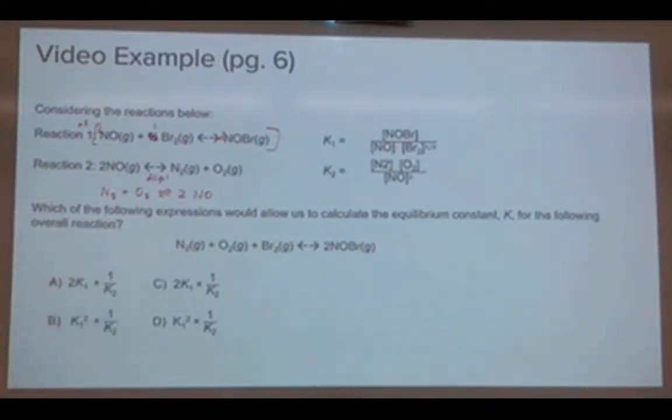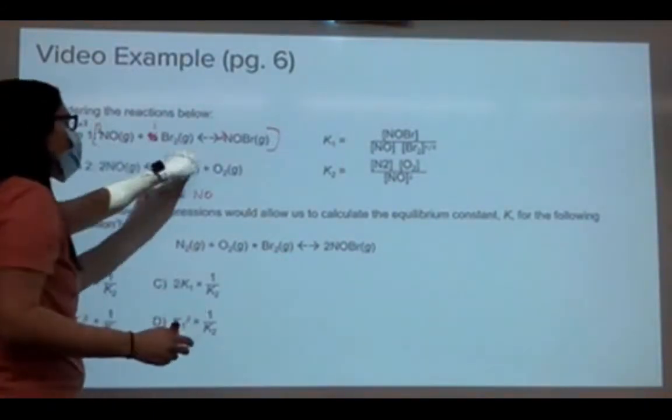Now we need to look at how this manipulates K, because we're not just multiplying anymore. K is not about multiplying to change your coefficients. Let's look at what this does.